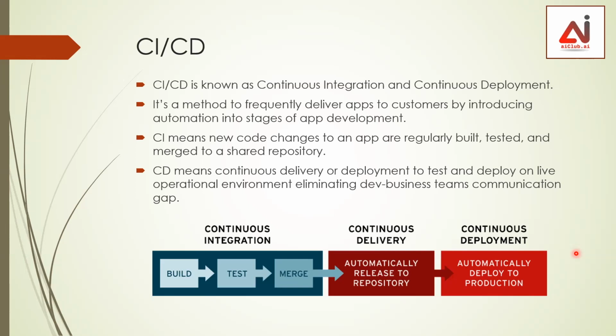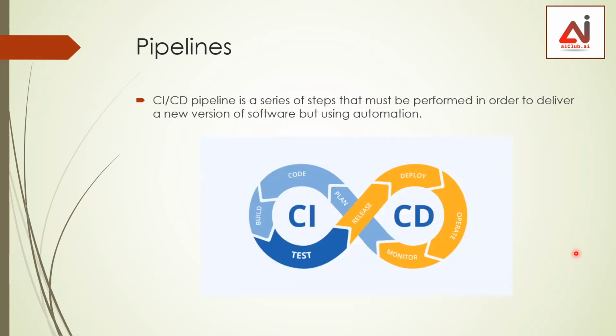Sure. So what are pipelines? A CI/CD pipeline is a series of steps that must be performed in order to deliver a new version of the software, using automation. CI/CD is a concept, and to implement it, we use pipelines.